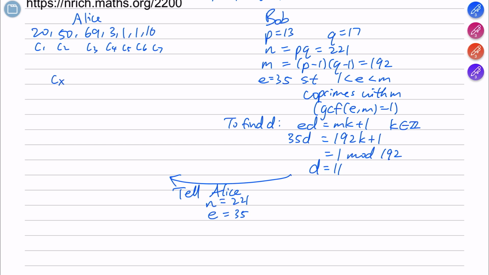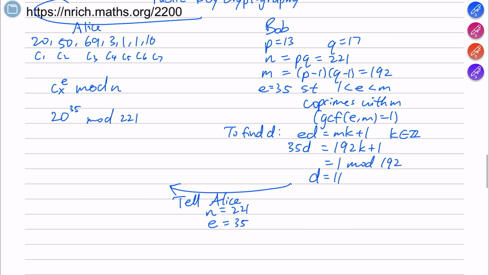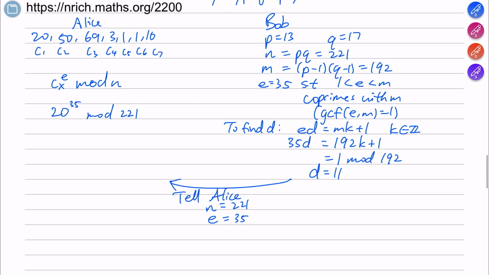For each C, she puts E as a power of it, mod N. For C1, Alice is going to do 20 to the power of 35 mod 221. And if you plug in a calculator on this website, you will find that it is equal to 197, of course, mod 221.